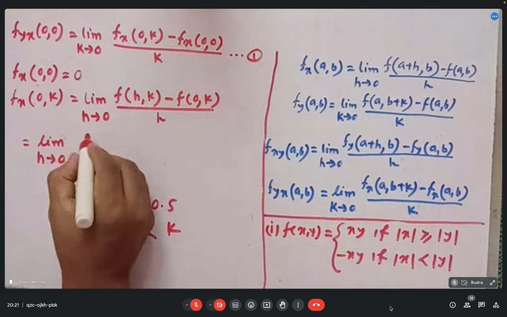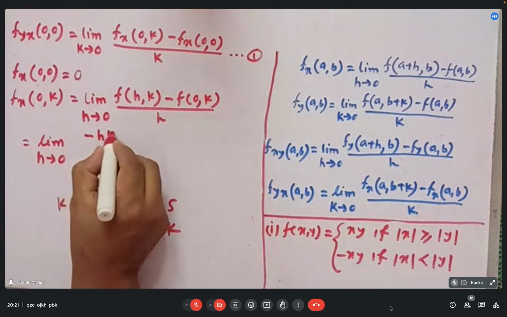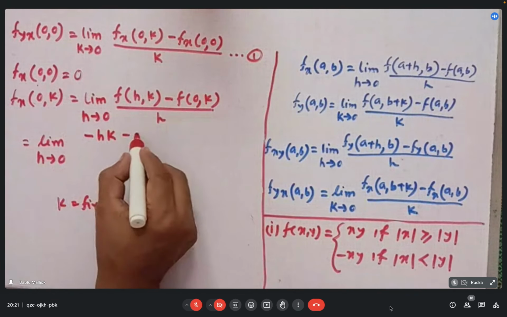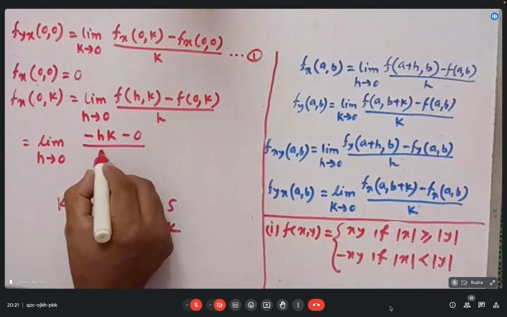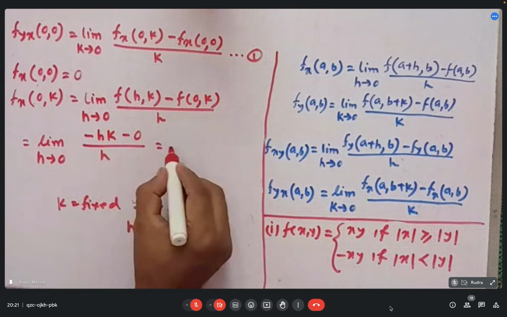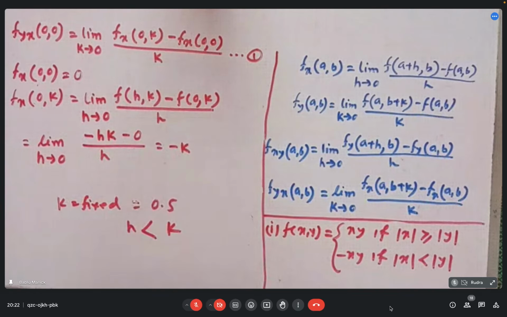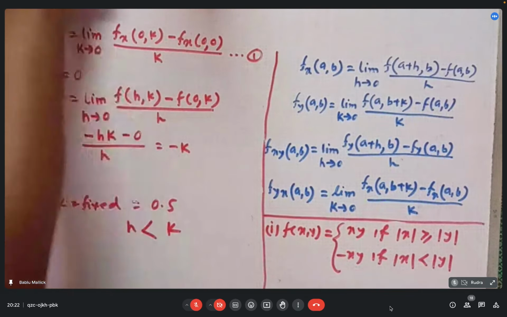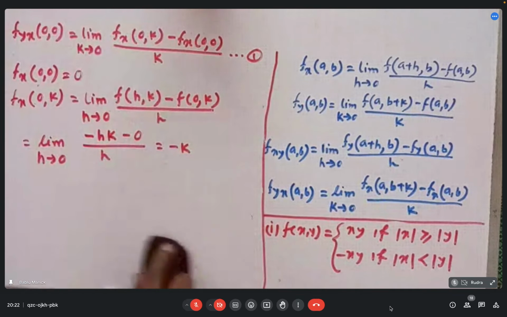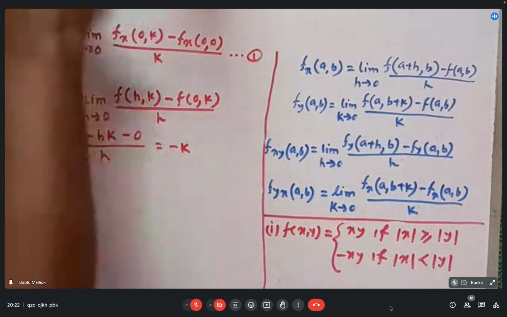So this is minus of h into k minus f of 0 comma k, which is 0, divided by h. So this will become minus of k.